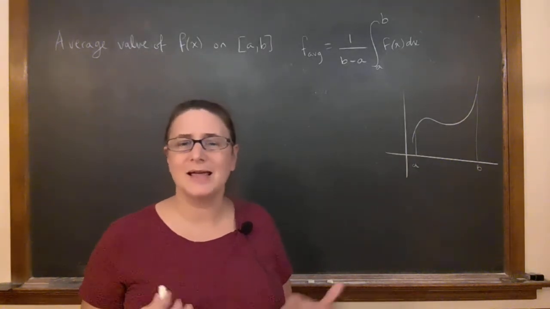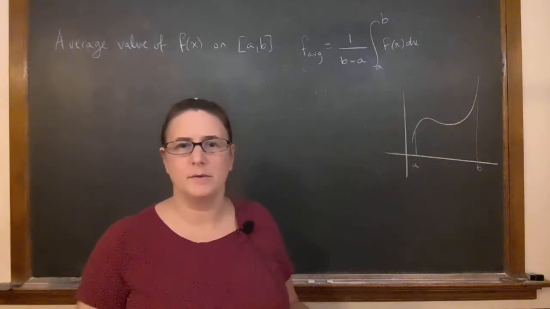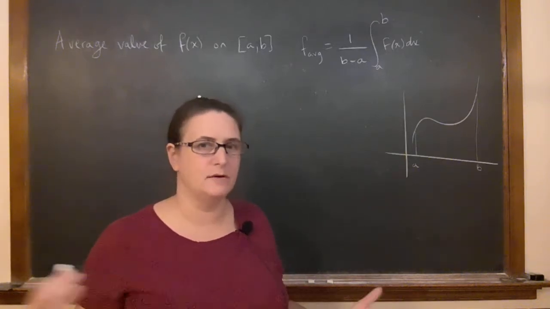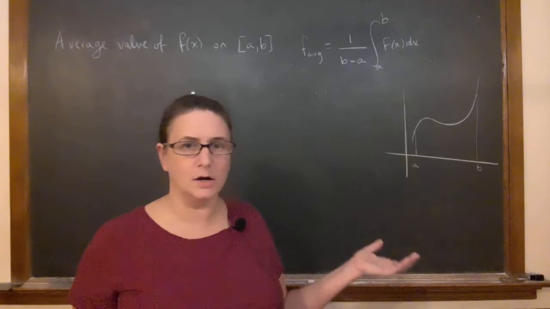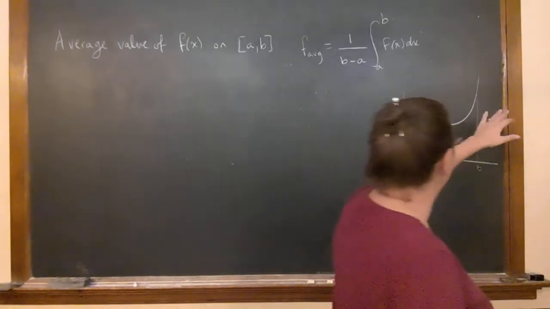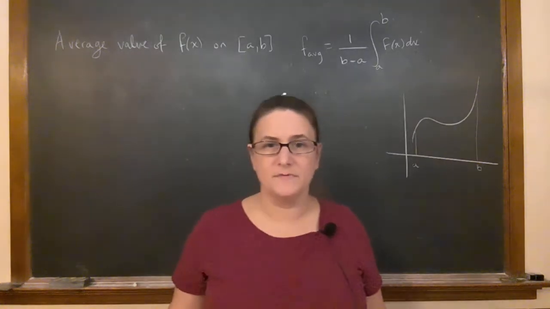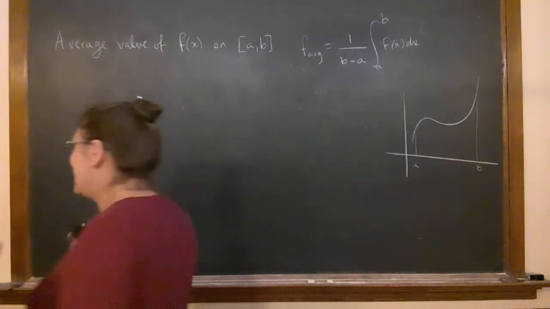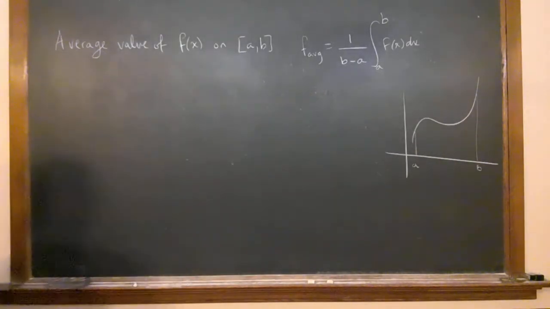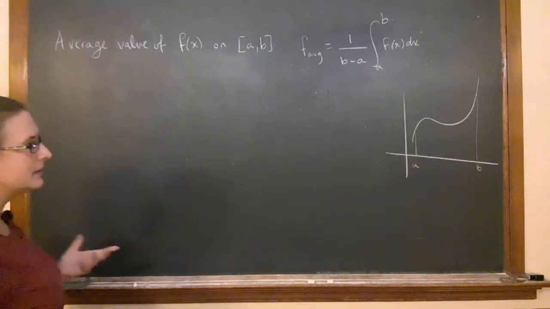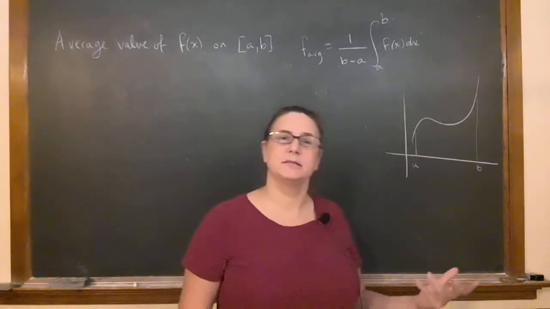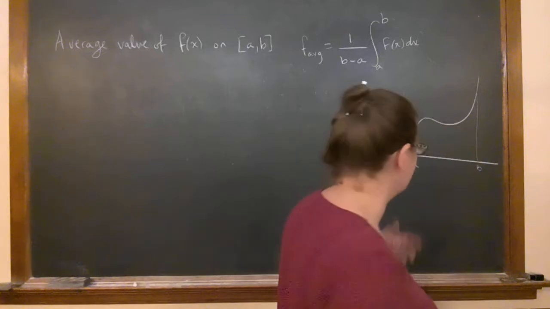But the problem is that you have an infinite number of values. Usually when we take an average, you add up all the numbers and you divide by the number of things that you're averaging. But here we've got this whole interval, so there's an infinite number of numbers. We can't exactly divide by infinity. So we're going to use the same kinds of ideas that we've been using with calculus this whole time.